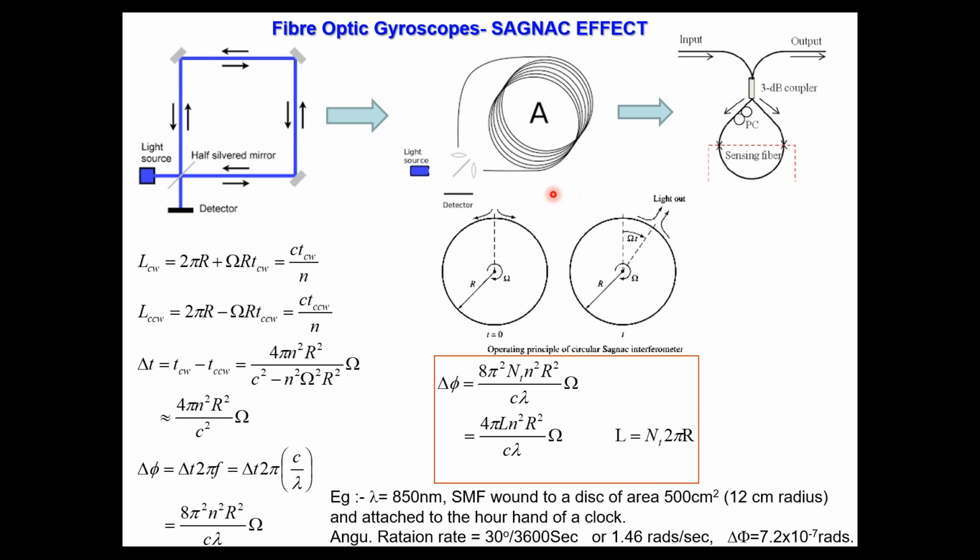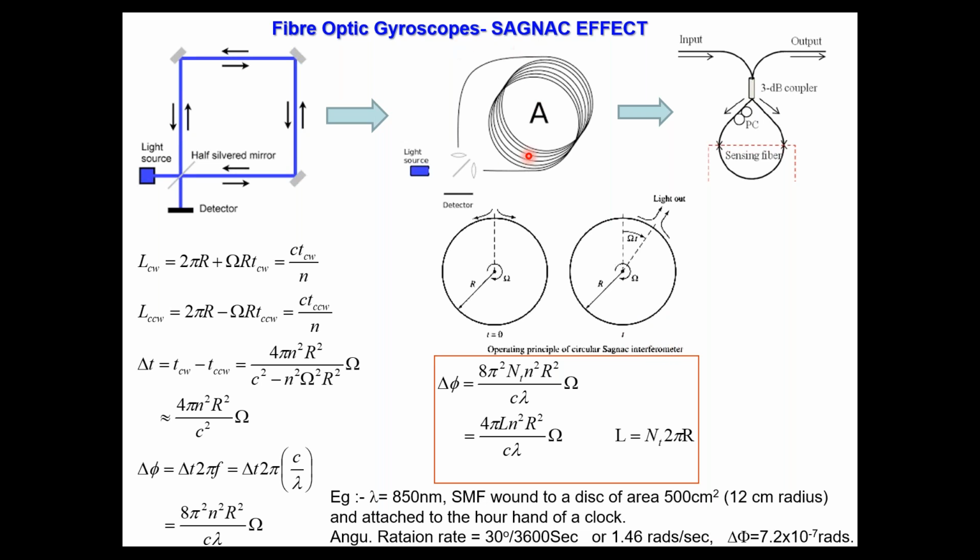This is a very good example shown here. If you attach such a system to the hour hand of a clock, its rotation rate is just 30 degrees divided by 3600 seconds, that is roughly 1.46 radians per second. So if it is a single turn, such a system will generate only a phase difference of 7 into 10 raised to minus 7 radian.